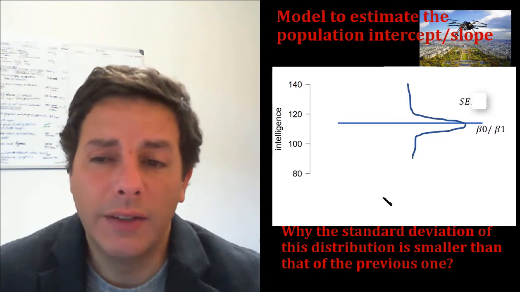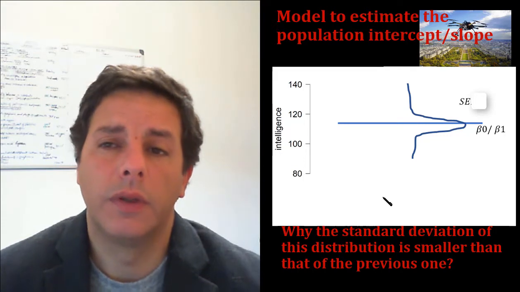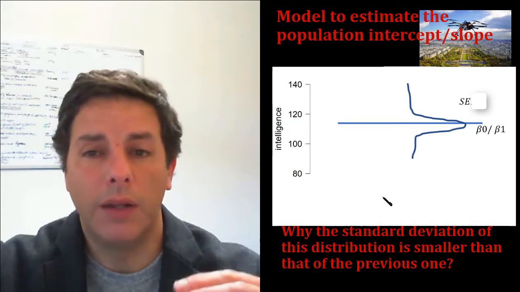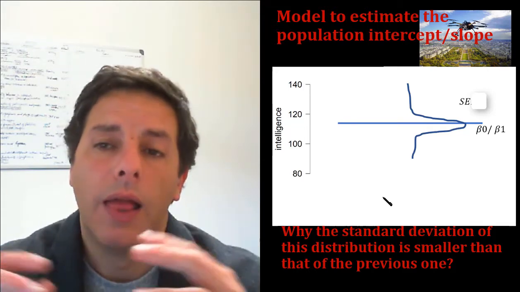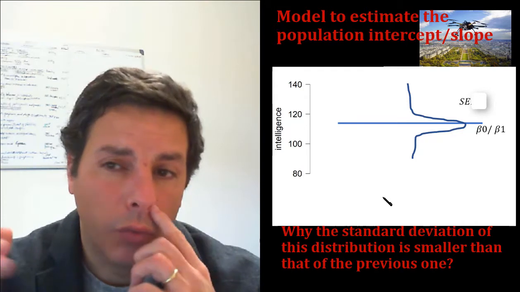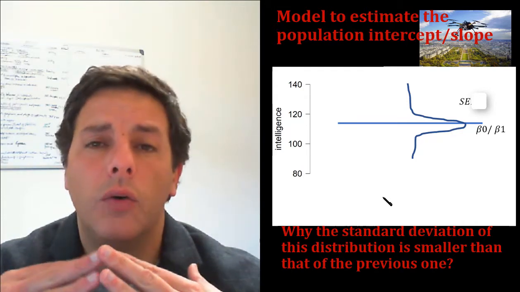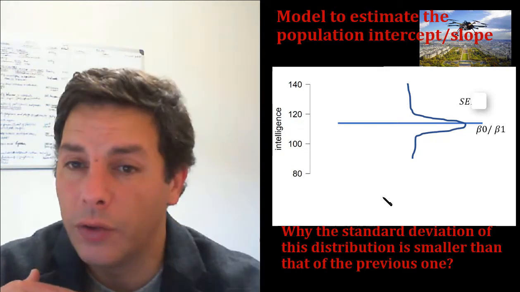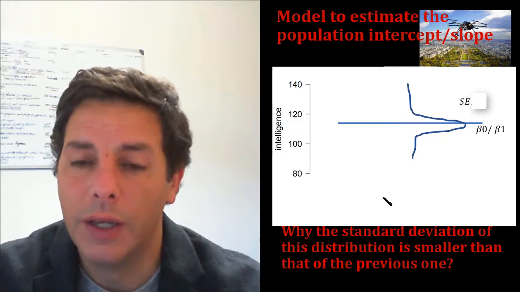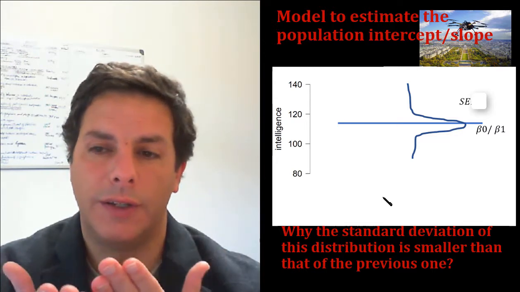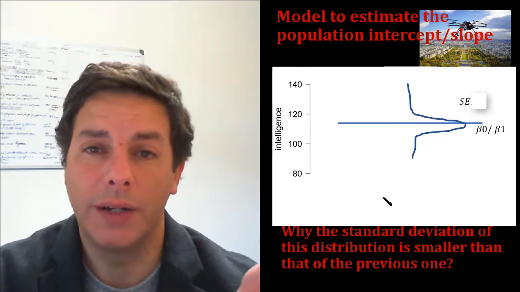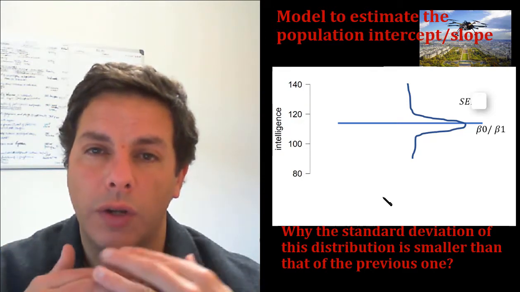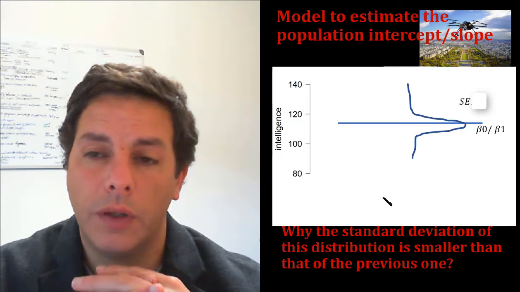But what is done in this case is, instead of a population of values with a mean that is the mean of the sample, now for that population of values, what we know is not the mean. We know that we've got X values and Y values in that population. And when we calculate the beta 0 and beta 1, those values are the same as the ones we calculated in our sample.